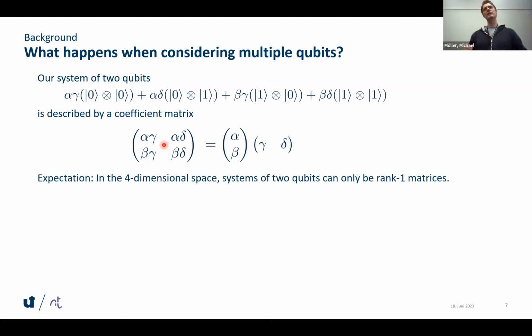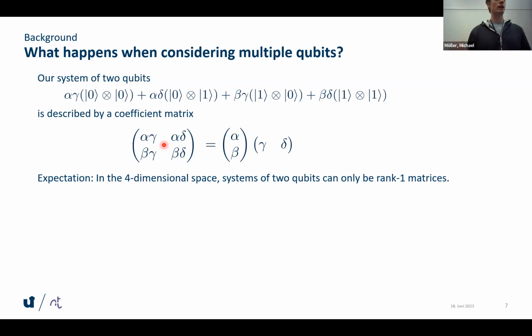Right? So our expectation would be, if I have two qubits, then it's convenient for me to describe it in this 4-dimensional space of 2 by 2 matrices, but true systems can only occupy a small set within these 2 by 2 matrices, namely those matrices that are of rank 1.